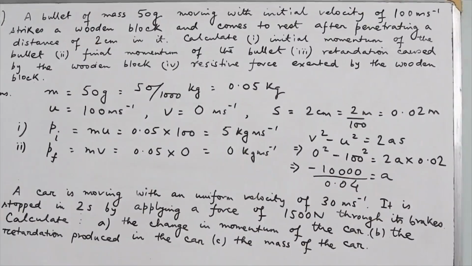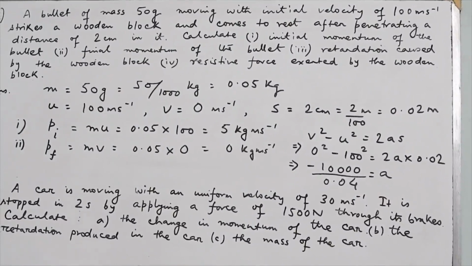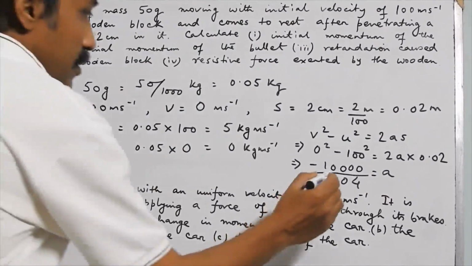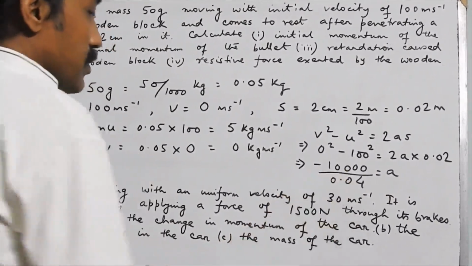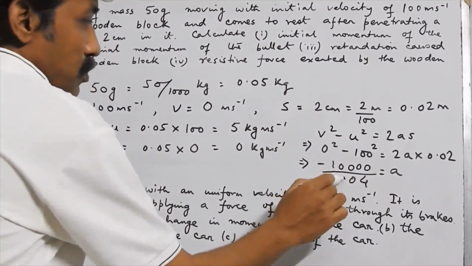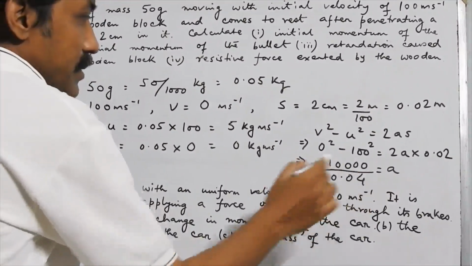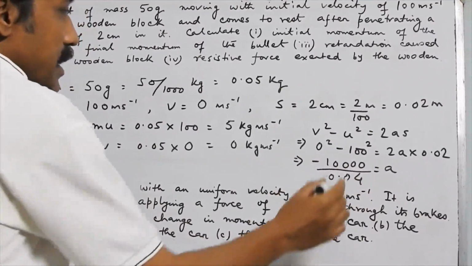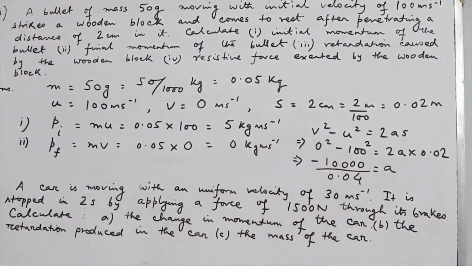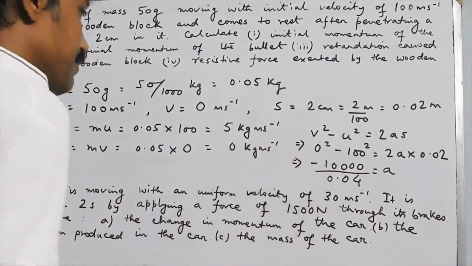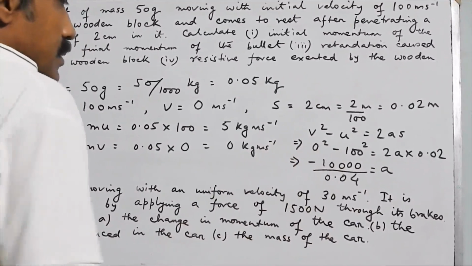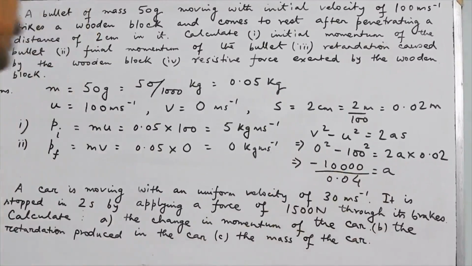that is 0.04, will be the acceleration, a equal to minus. So now 0.04, if 2 places of decimal are shifted in the denominator, it means that you are multiplying 100 in the numerator. So now you can simplify this.